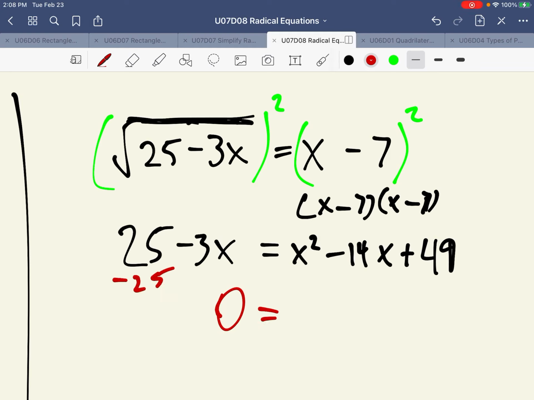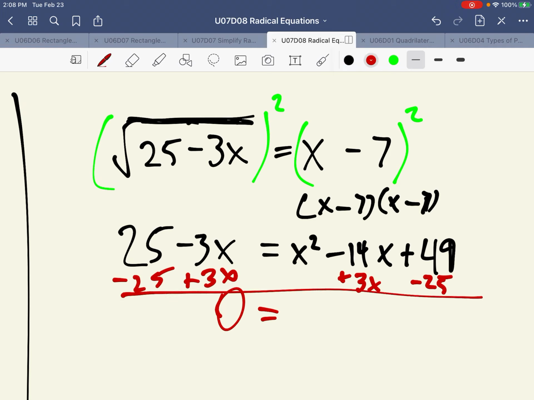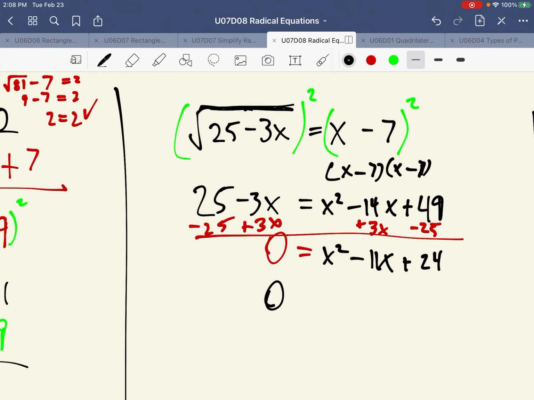So we're going to move the 25 to the other side. And we're going to add the 3x to the other side. And we will get x squared minus 11x plus 24 equals 0. We'll factor.